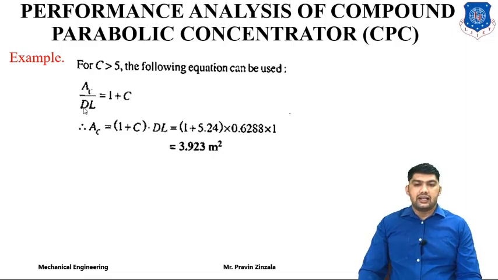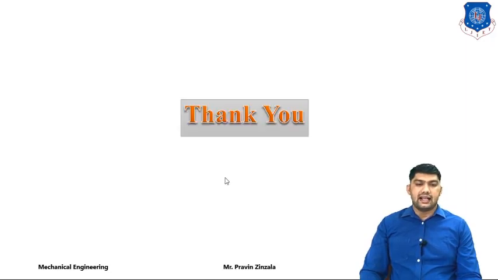AC divided by capital D into capital L is equal to 1 plus C. So the collector area is equal to 1 plus C, into capital D into capital L. By inserting the values we will get the third answer, 3.923 meter square. So this was our simple calculation. You have to insert the values and you can easily calculate.